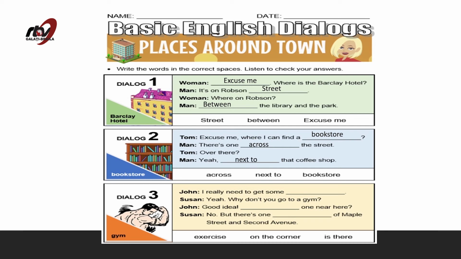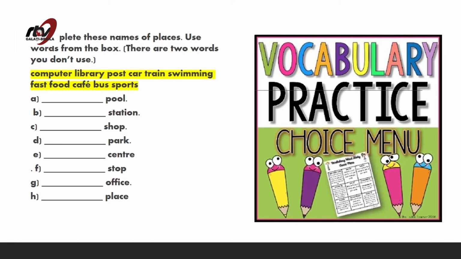And the third one, I really need to get some exercise. Yeah, why don't you go to a gym? Good idea. Is there one near here? No, but there is one on the corner of Maple Street and 2nd Avenue. Let's go then. Okay, our next activity, we have to complete these names of places.